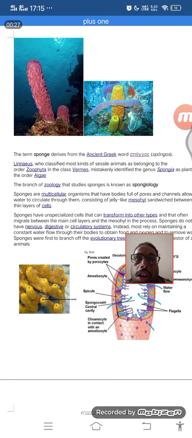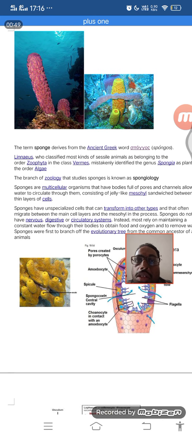And why are they called poriferans? Because the organisms that come under this group have pores on their body or on their surface. So that is why they are said to be poriferans. And I have posted some pictures on this.